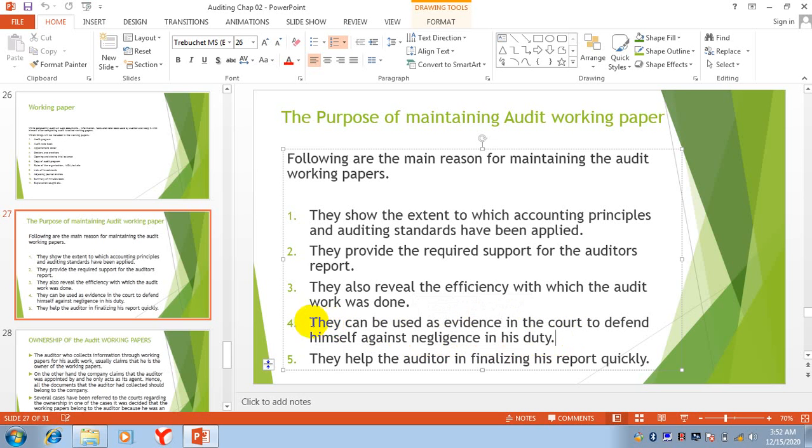In that case, the quality of the working paper in the court of law will defend the auditor. So they can be used as evidence in the court.